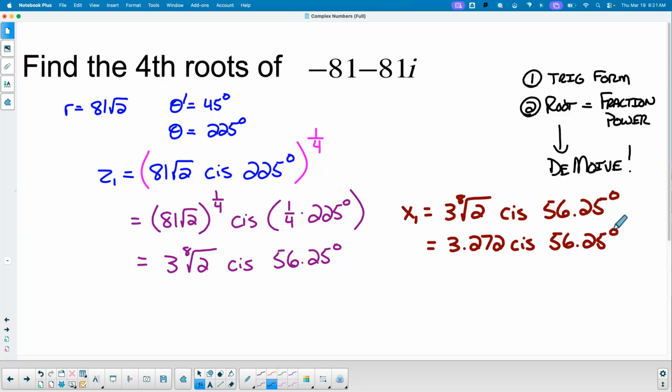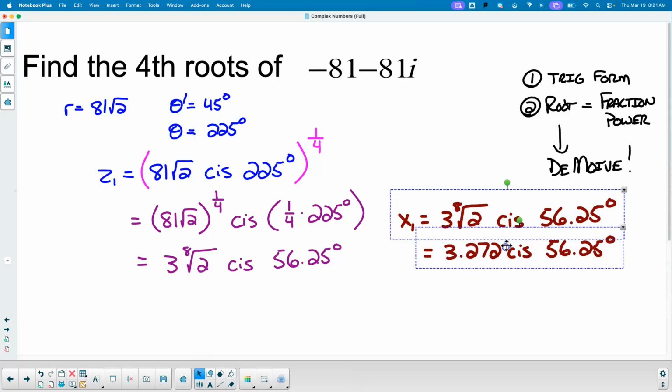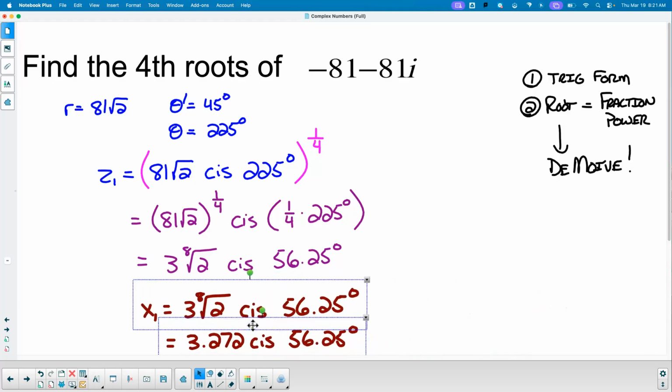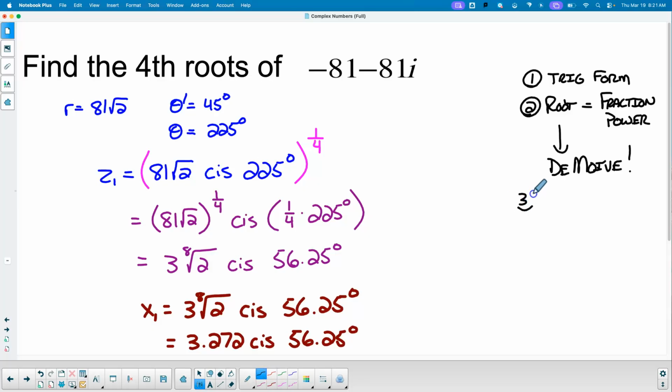Oops, I ran into where I'm putting my steps. Go down here with it. Step 3 then is going to be 360 divided by the root that you're taking is going to be the angle difference.